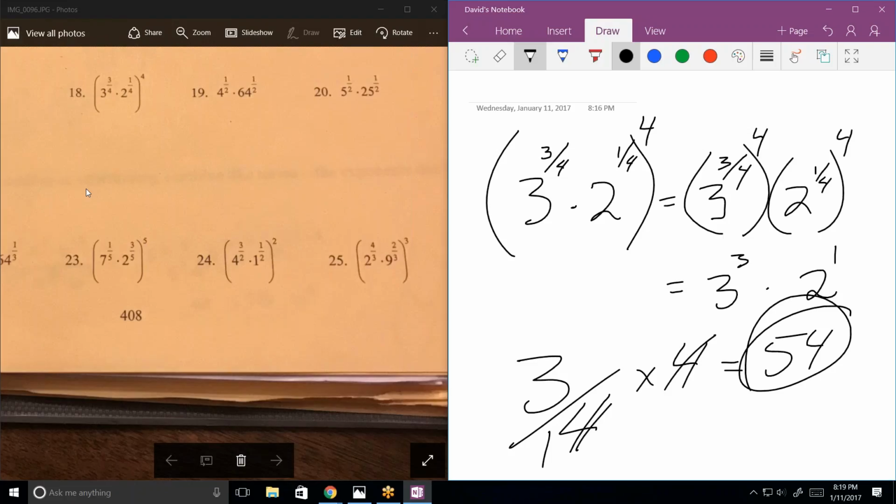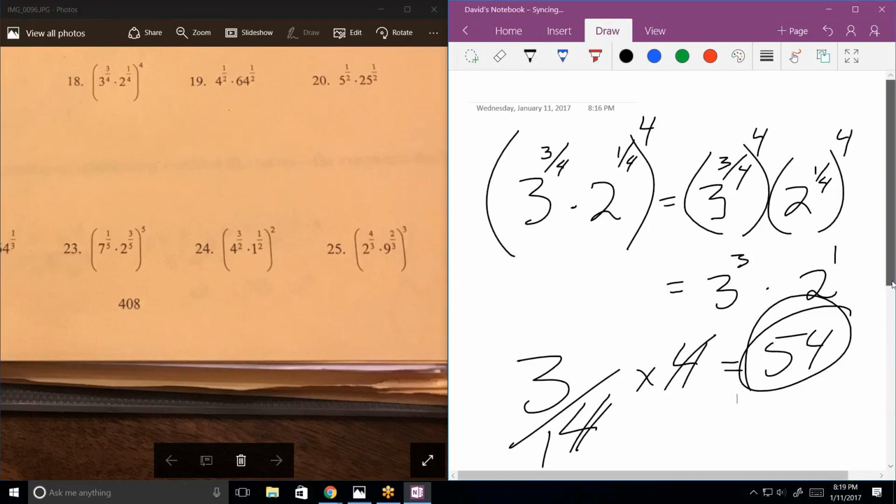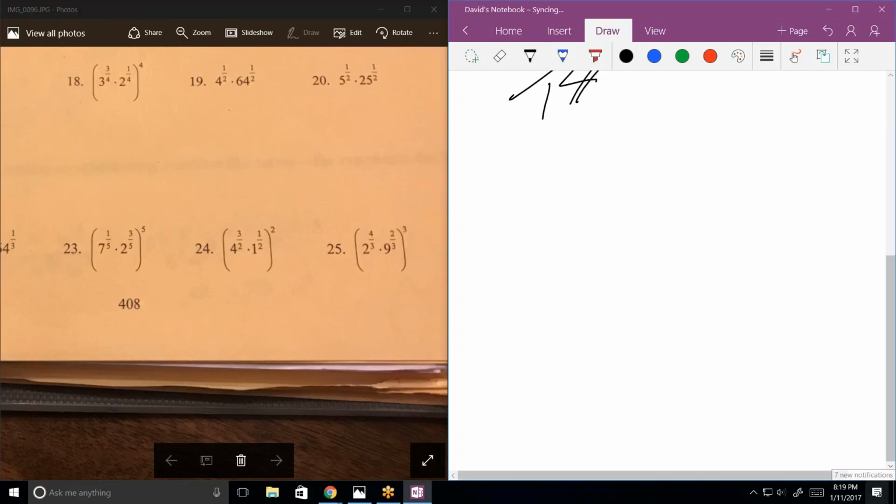Cool. All right. 19. 19 has different base, but same exponent. Okay. What's another way I could write that?